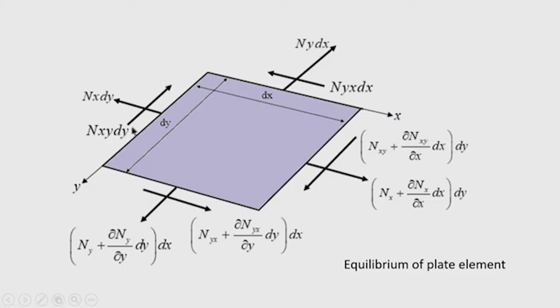So, in the other edges you can see Ny dx is the force, total force acting along the edge y equal to 0. Similarly, on the edge y equal to b, you are seeing the in-plane force, that is Ny plus del Ny by del y into dy into dx. This is the in-plane force acting along the edge y equal to b.